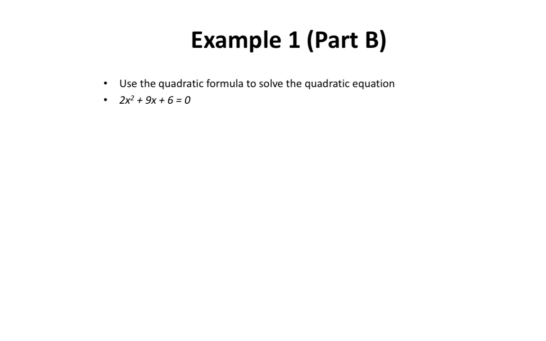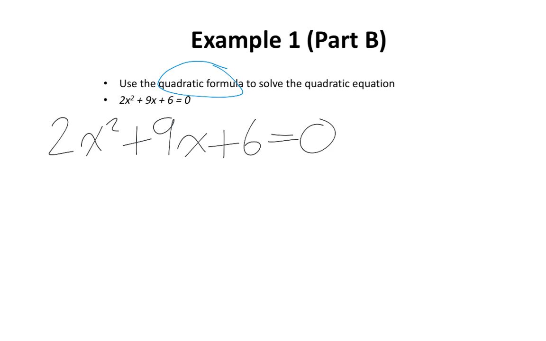In part B of the first example, we want to use the quadratic formula to solve the quadratic equation 2x squared plus 9x plus 6 equals 0. In the previous slide, we determined that we cannot use the technique of factoring. Therefore, we're going to have to use the quadratic formula. Let's begin by rewriting the question. 2x squared plus 9x plus 6 equals 0.